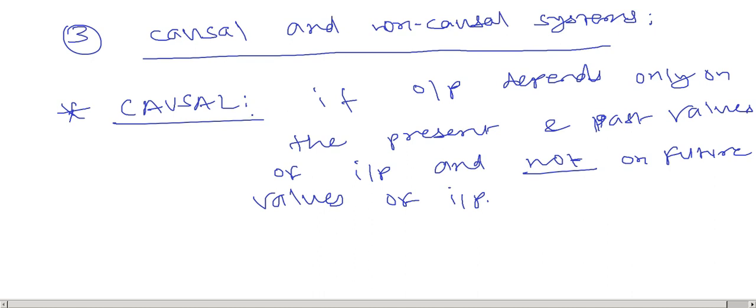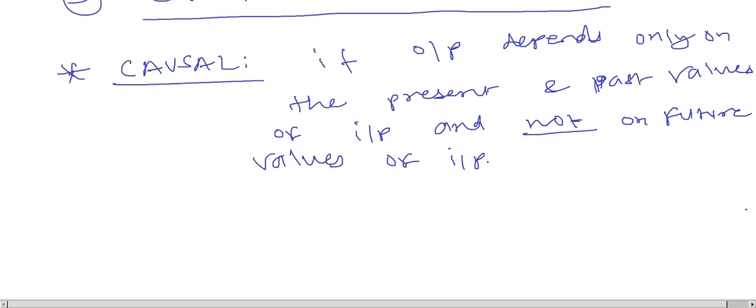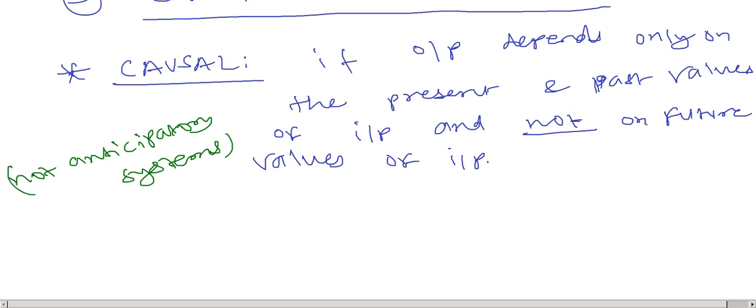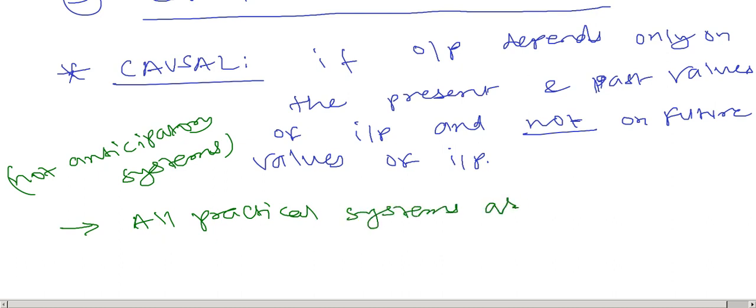The system's output should not depend on future values of input. Then the system is causal, also known as non-anticipatory, meaning it cannot predict the future. All practical systems are causal.